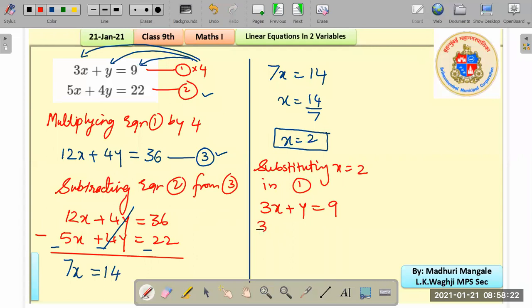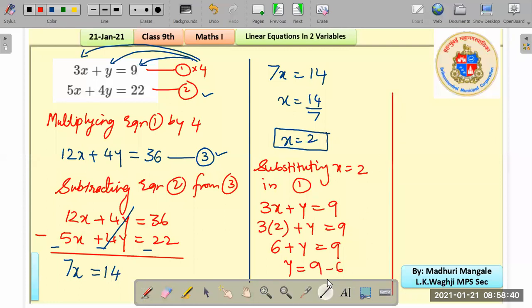We are replacing x with 2, plus y equals 9. So 3 times 2, that is 6, plus y equals 9. And we have to solve for y. So get rid of this 6. Plus 6 will become minus 6. y equals 9 minus 6. Right? So y equals what? We get y equals 3. And that gives us the solution.